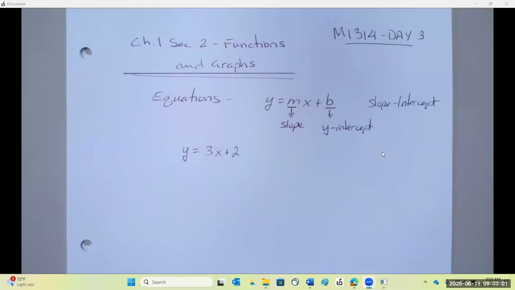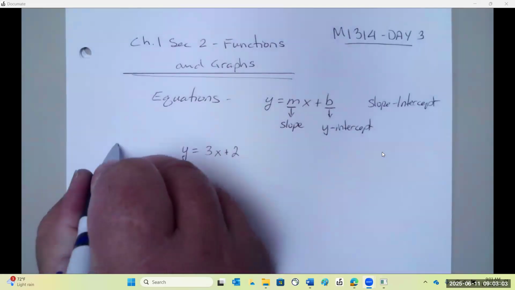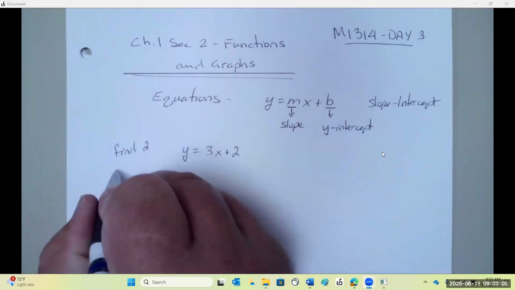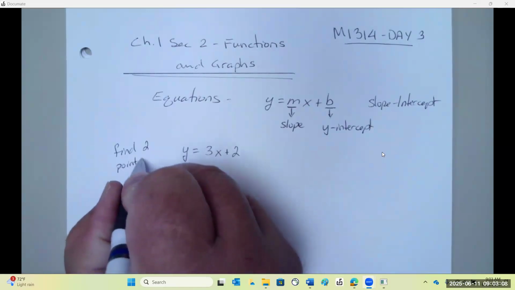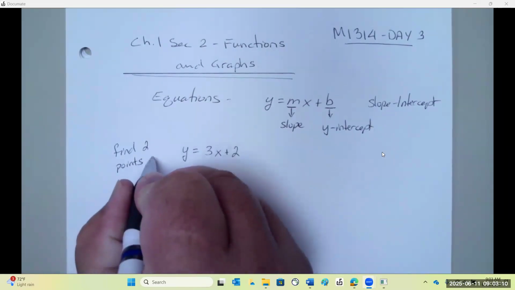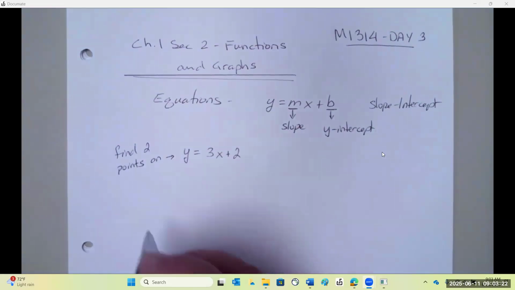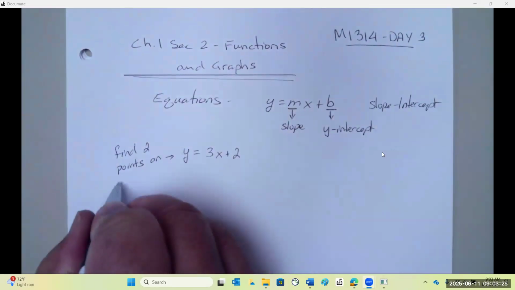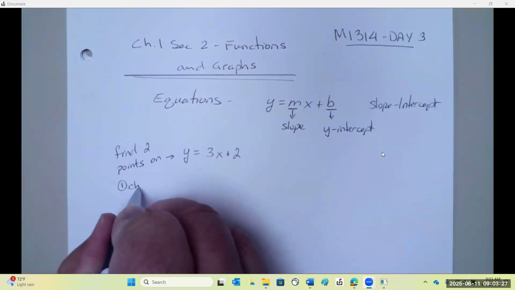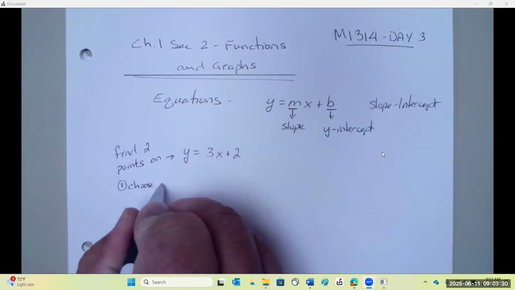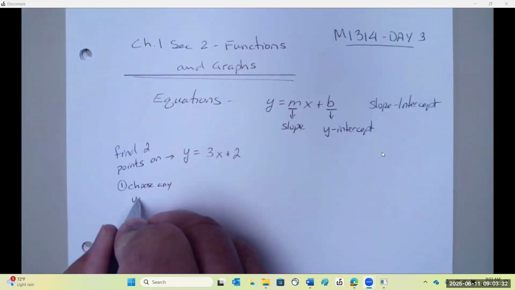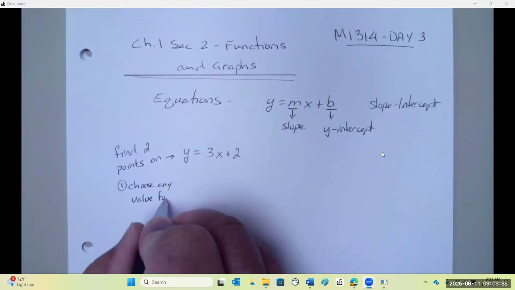How would you find some points? Find 2 points on this equation, on that graph. It's pretty easy. Since it equals y, choose any value for x.